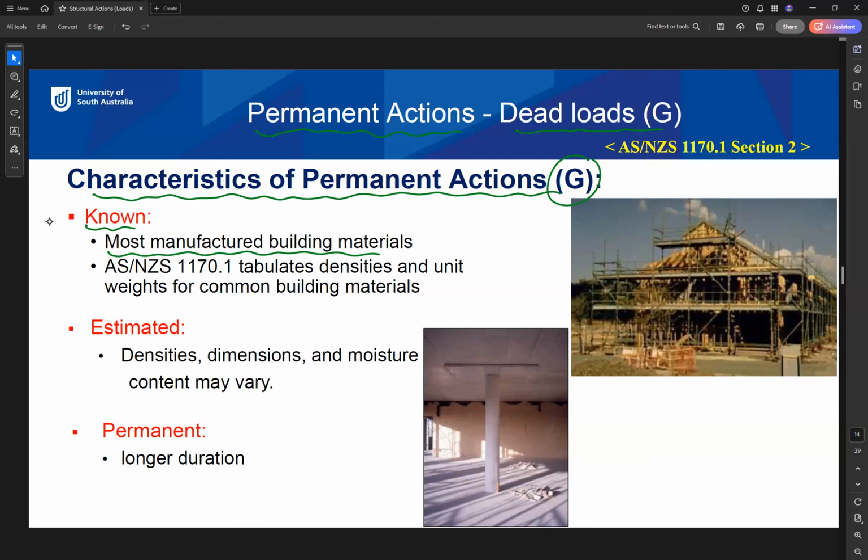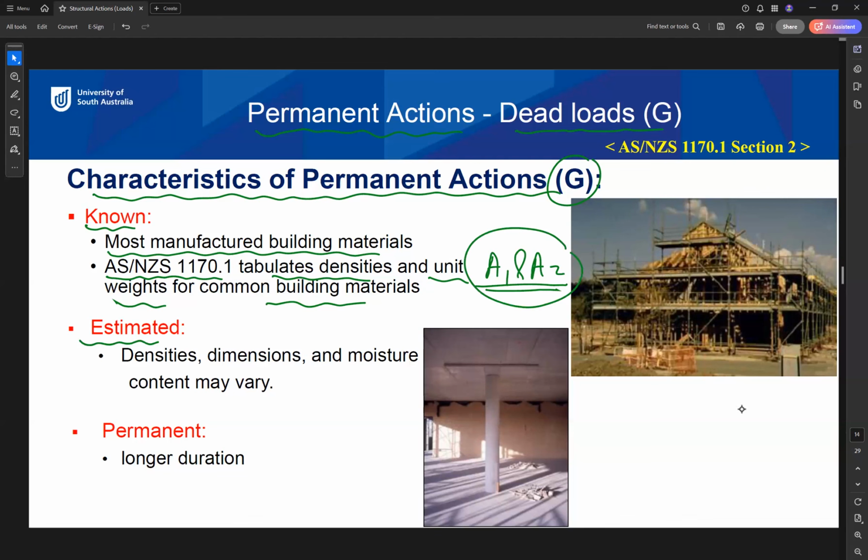For the building material, we can know an exact value of the dead load or the weight, and the standard 1170.1 tabulates the densities and unit weights for common building materials, like in table A1 and table A2 that we used last week to find the weight, for example, for the timber material, radiata pine. So the dead load or the self weight of the material can be found in these two tables of the Australian standard.